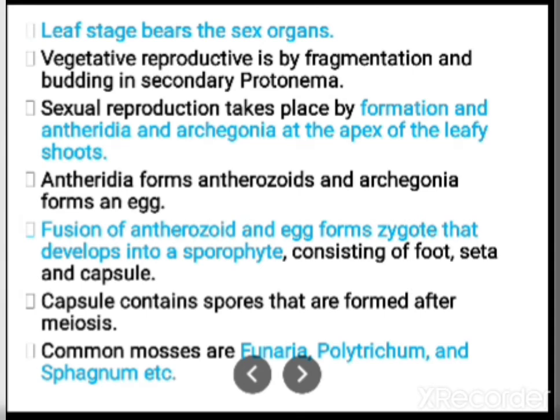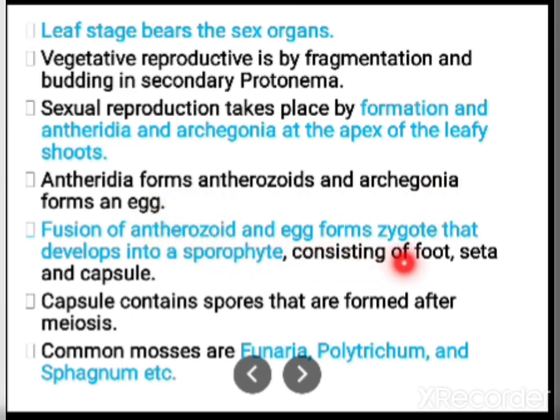Vegetative reproduction is by fragmentation and budding in the secondary protonema. Sexual reproduction takes place by the formation of antheridia and archegonia. Antheridia are the male sex organs, archegonia are the female sex organs, and they are formed at the apex of leafy shoots. Antheridia form antherozoids and archegonia form the egg.